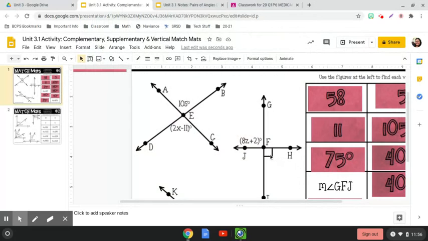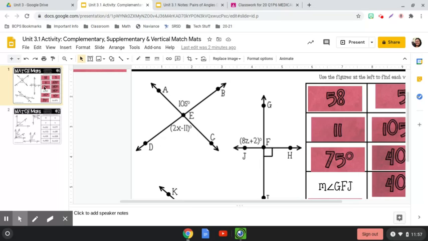And a way you can tell that is any adjacent angles, when you have two perpendicular lines, are going to be 90 degrees. So these two lines here are perpendicular. If one of these angles is 90 degrees, they're all going to be 90 degrees.